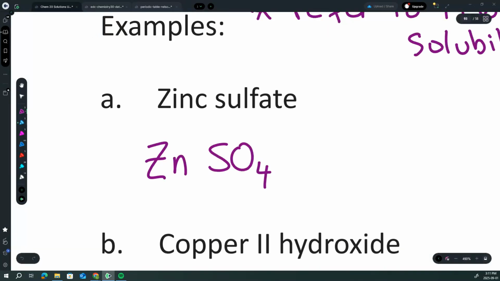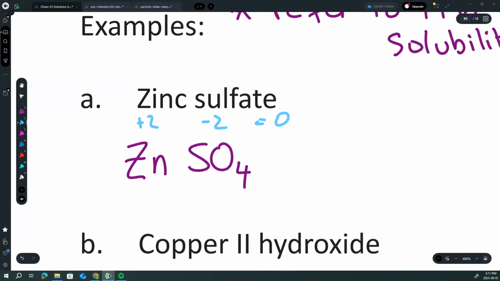So zinc 2+ and sulfate 2- is equal to 0, which means the compound is balanced. We don't have to write any subscripts in order to balance the compound, because 2 minus 2 is equal to 0. It's already a neutral compound.